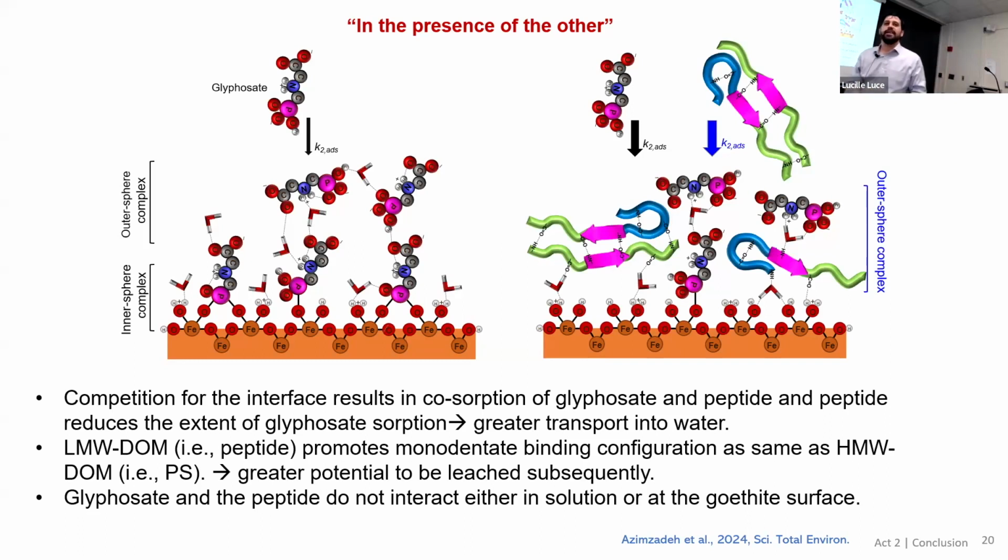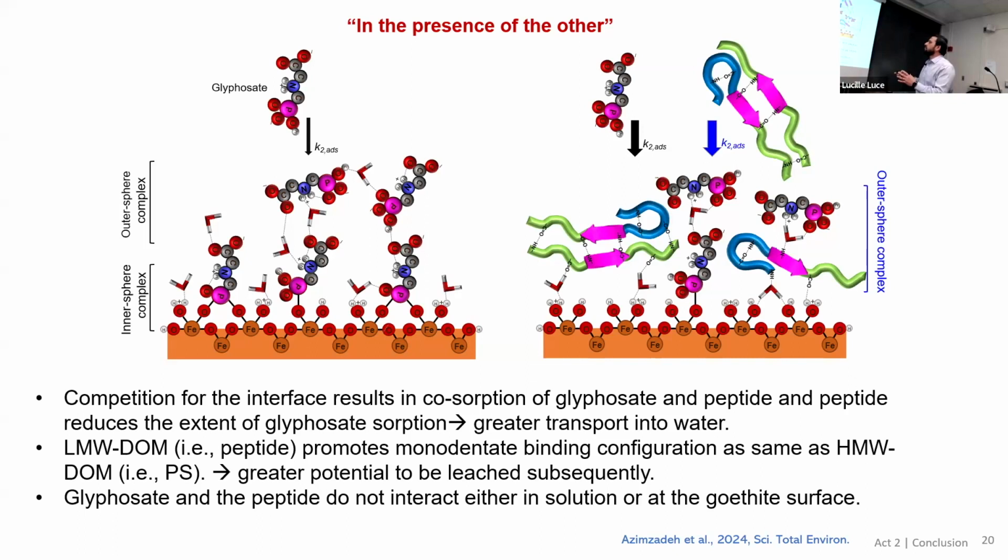So it goes away and stays in water. And other things, as I mentioned, low molecular weight DOMs like peptide promote more monodentate and outer sphere complexation. Those types of binding are very weak bonding and also less strong.